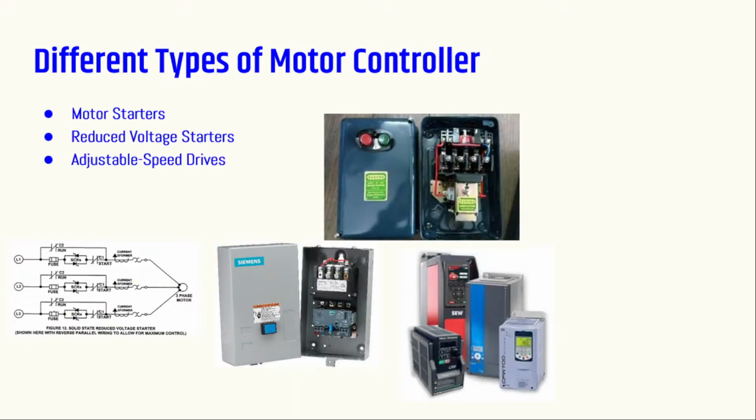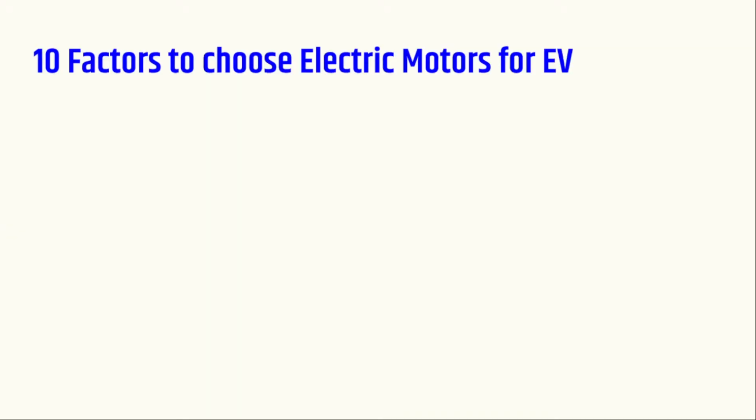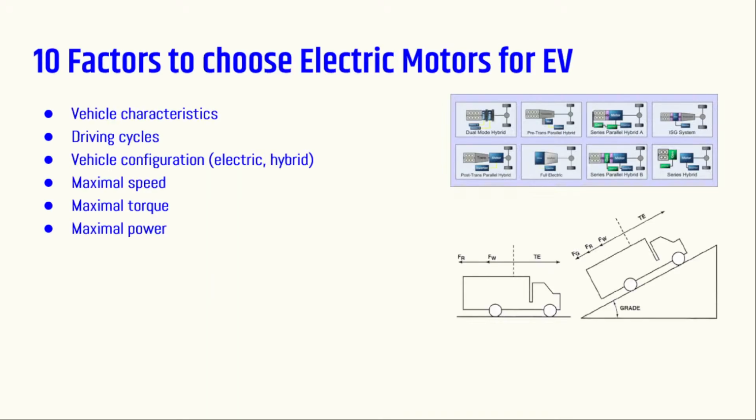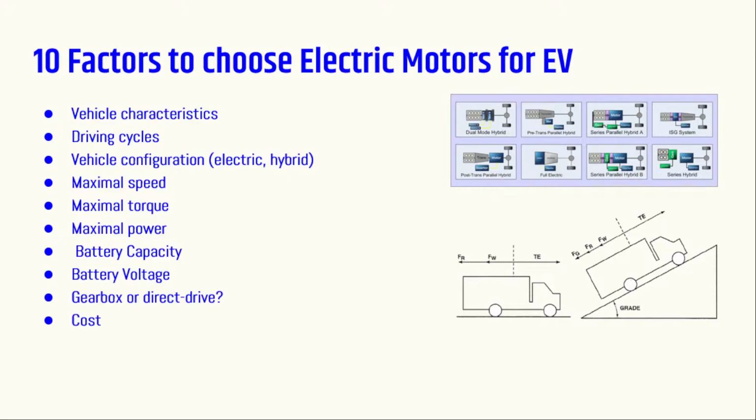This is the main use of the controller. The controller performs certain tasks in every vehicle, so we have to follow the controller part. There are 10 factors to choose electric motors, especially so that it reaches maximal speed and maximal torque, and runs on the battery using voltage.